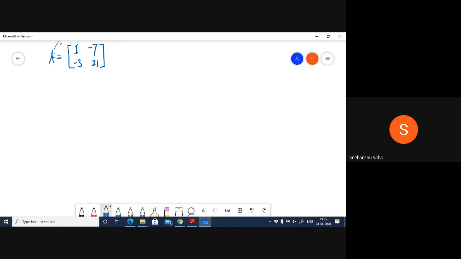So let's evaluate the null space. This is a 2 by 2 matrix, which means the corresponding linear transformation which induces the matrix goes from R2 to R2.